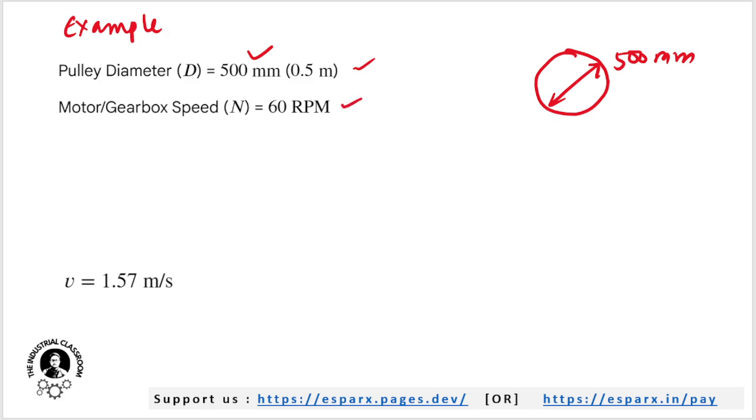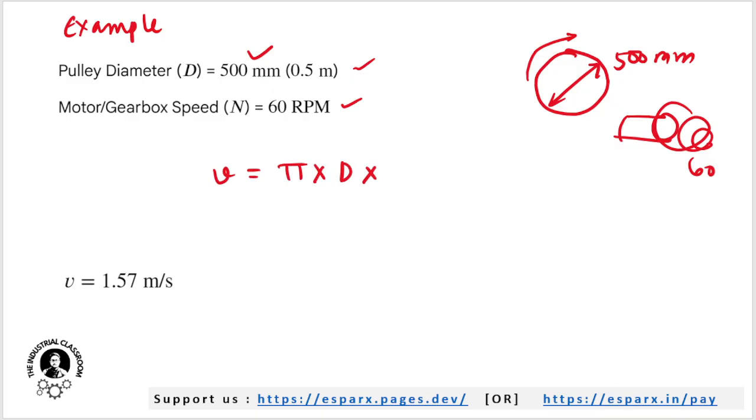Let us say the motor is rotating at 60 rotations per minute, so in 1 minute it is covering 60 rounds. Now we know the formula, linear velocity is equal to pi into D into N by 60. Pi is equal to 3.1416.